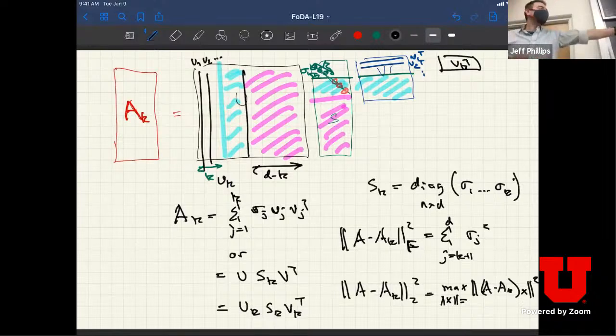It turns out that once I've subtracted it, the maximizing x is the k plus 1 right singular vector. So the spectral norm squared is exactly sigma_{k+1} squared: the largest single direction left, corresponding with the k plus 1 right singular vector, and its value is the k plus 1 singular value.